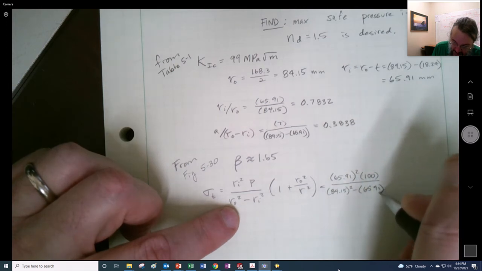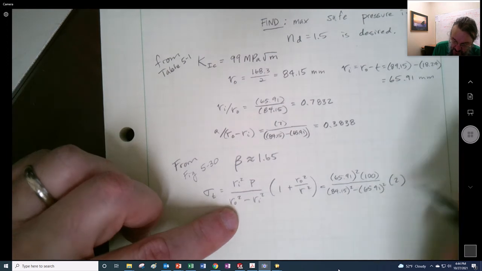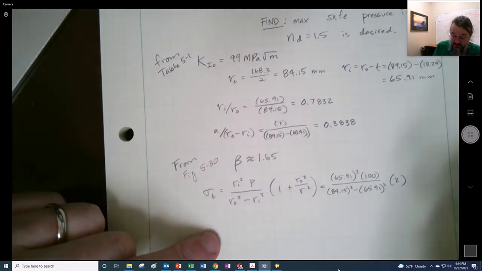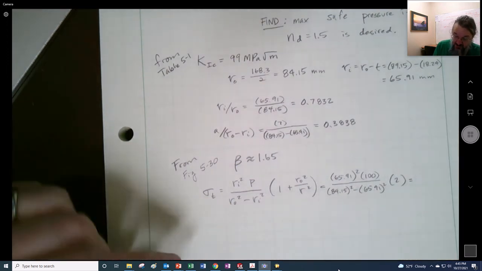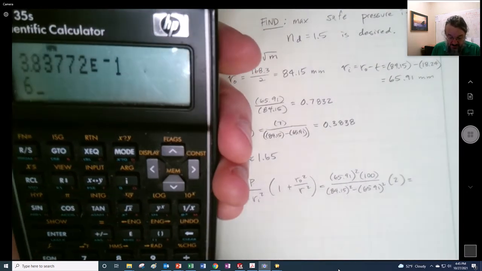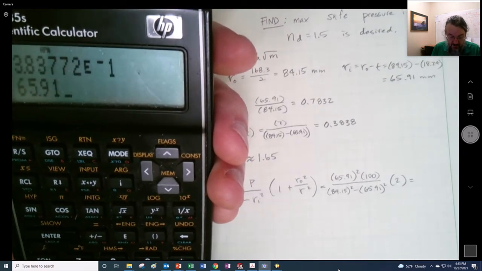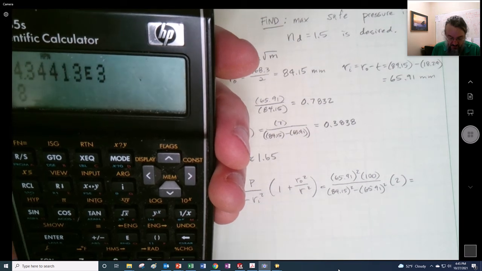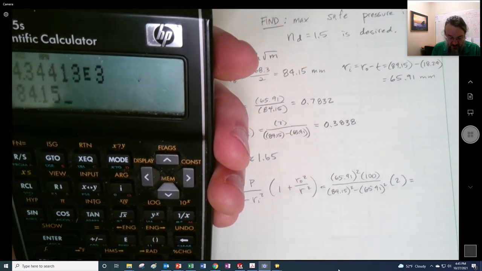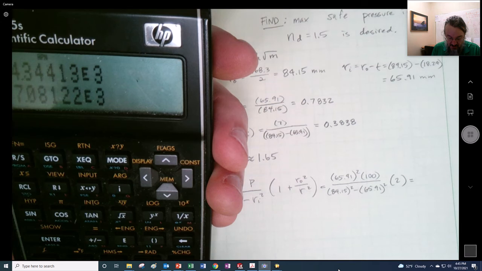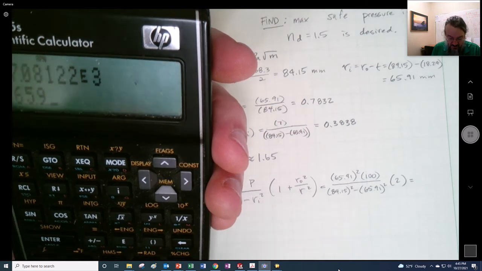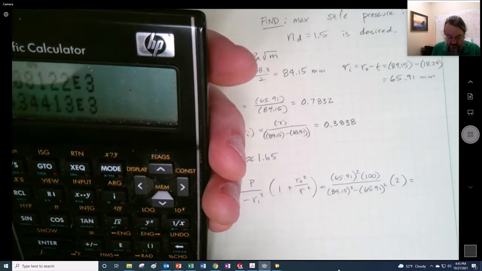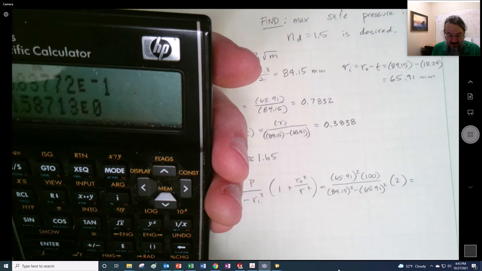65.91 squared. And we could just make a 2 here, because we know that's going to be 2. And so 65.91 squared and 84.15 squared, but we're subtracting out 65.91 squared, and then we're dividing them.